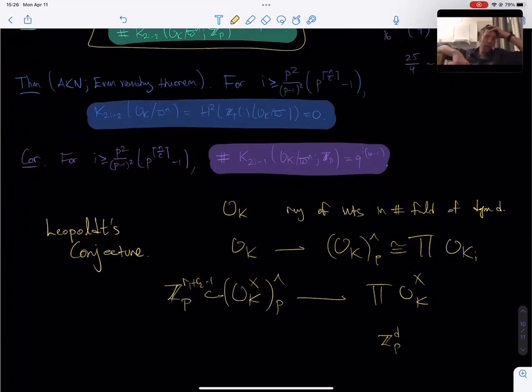I mean, yes, it must be about the right leg of this map in the arithmetic fracture square. I see. Roughly speaking, and how to glue these different syntomic and motivic complexes together and how that works.